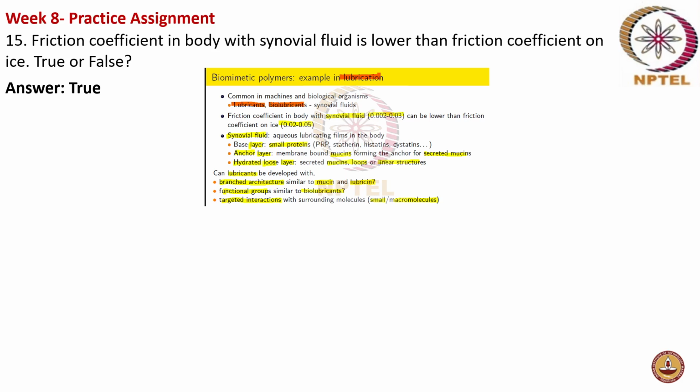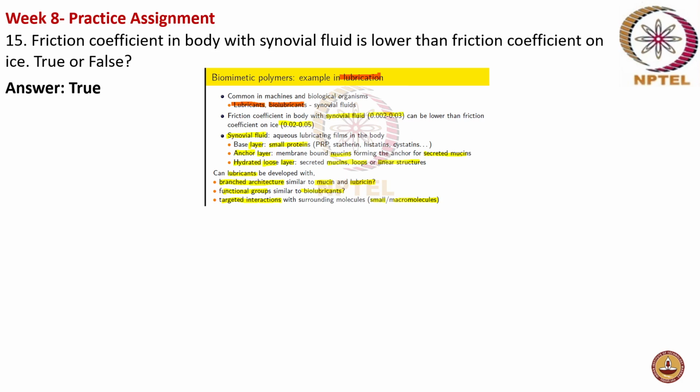That is why synovial fluids are present in your joints. For example, in your hand, when you try to bend your arm, and in your knees, synovial fluid is present. That is why you're able to comfortably move and there is no friction.